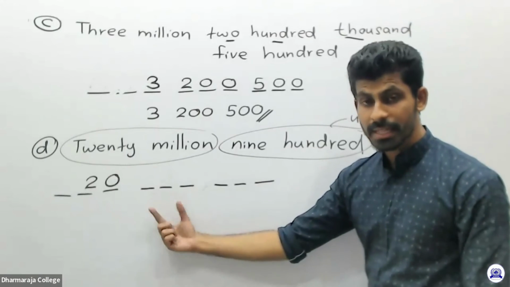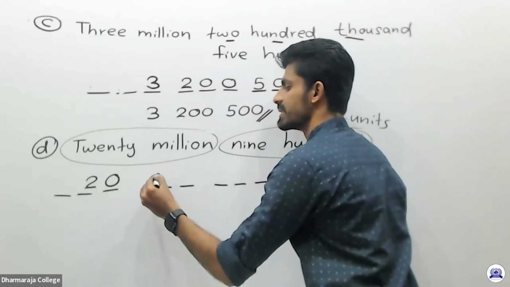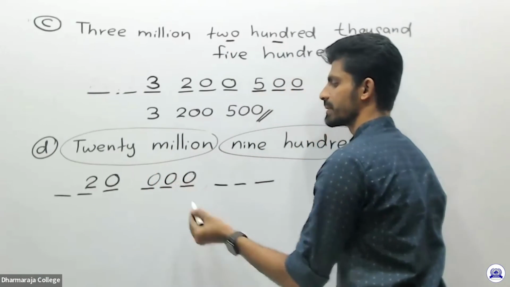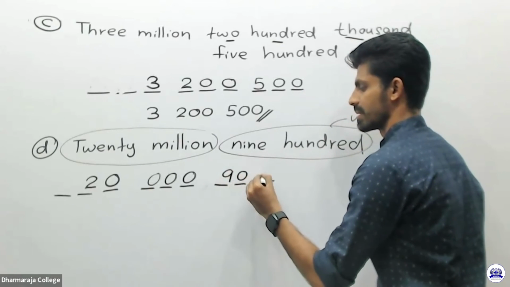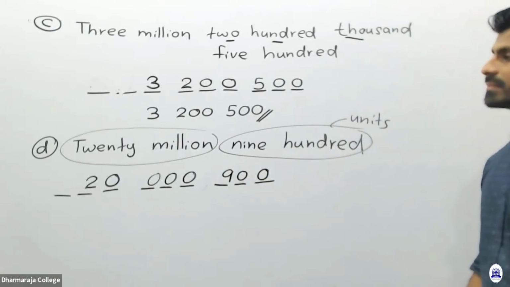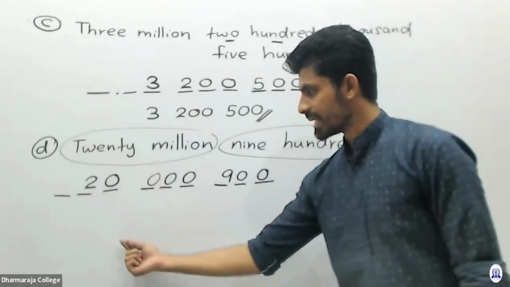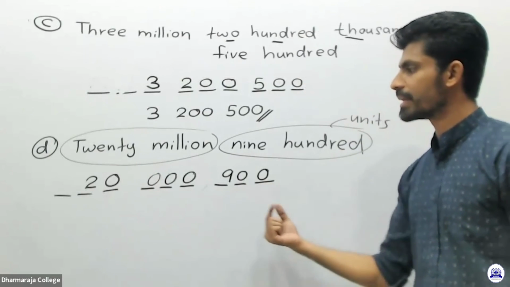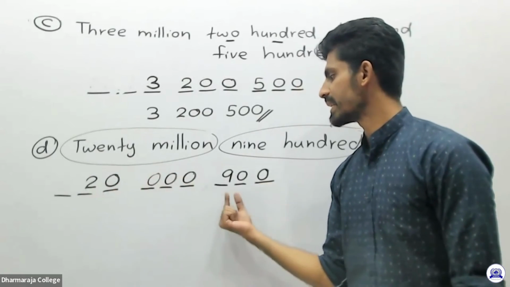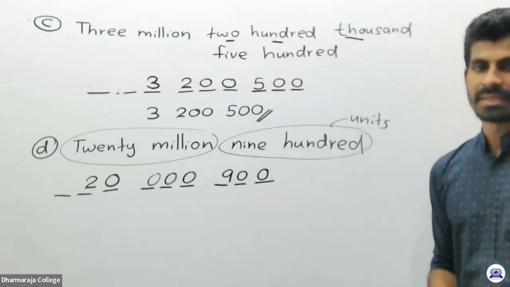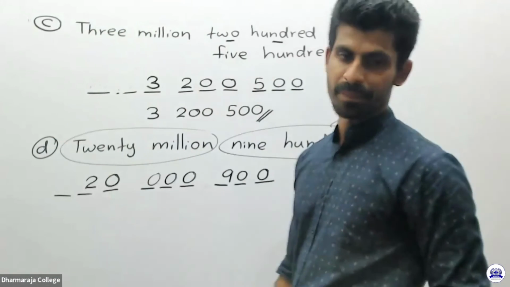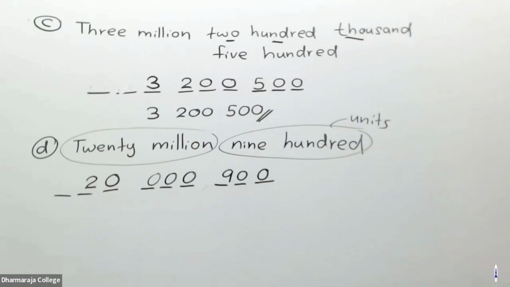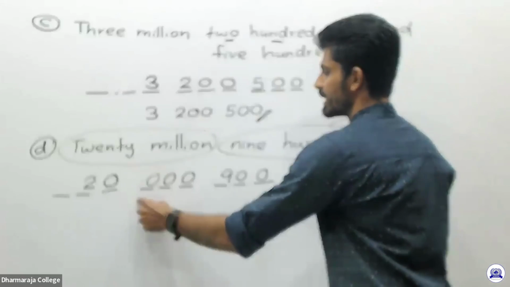There are no thousands period, so 0, 0, 900. So the number is 20 million 900.